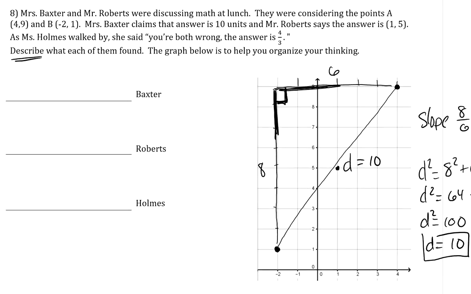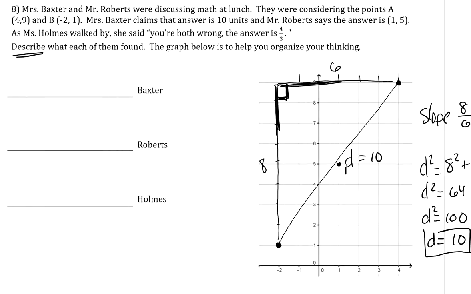Well, I think she's found the distance between the points. They are 10 units apart by the Pythagorean theorem. Mr. Roberts says the answer is the point (1, 5). Well, that's the midpoint, right?